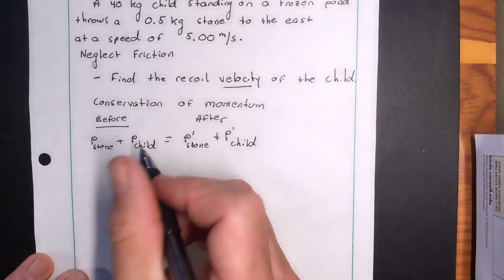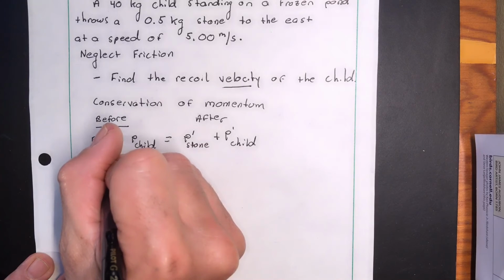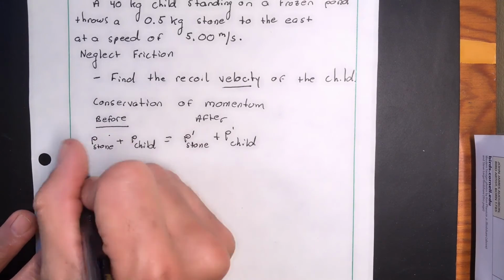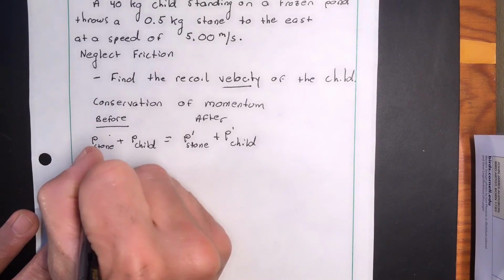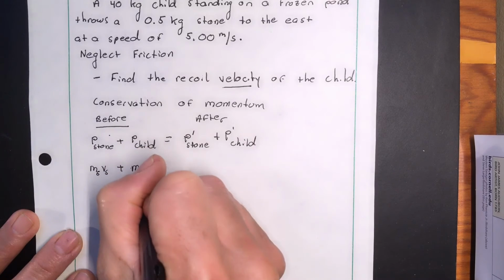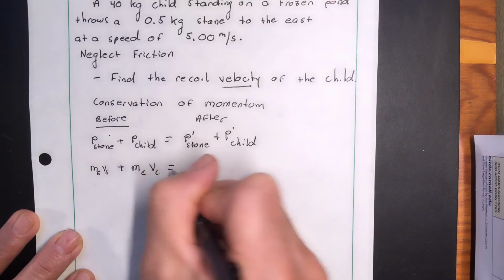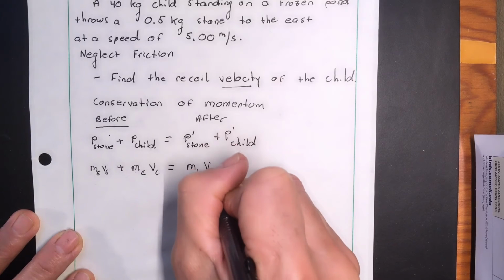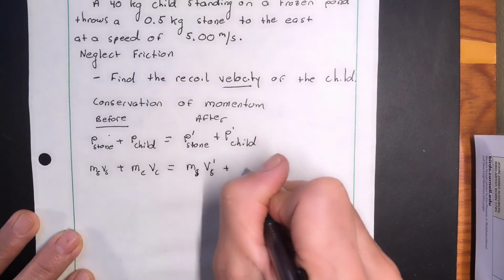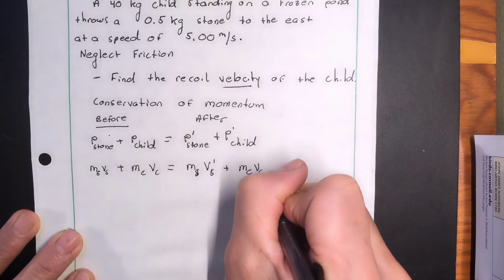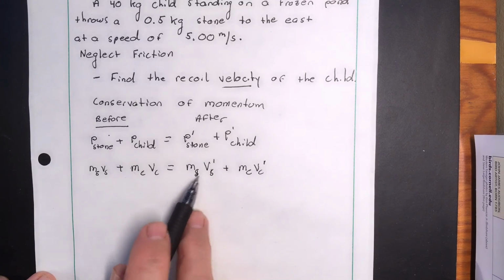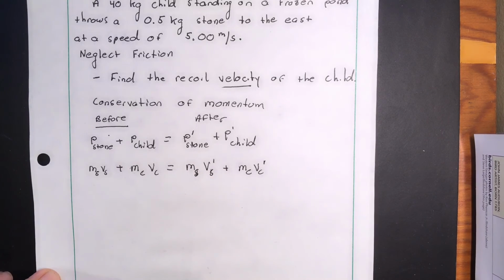All right, so initially, I'm going to shorten the subscripts here, MSVS plus MCVC equals MSVS prime plus MCVC prime. Okay, just substituting mass times velocity for momentum.